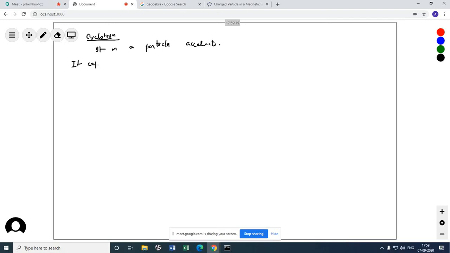It can accelerate charged particles like alpha particles, protons, and some others like that, but not electrons. Got it? Alpha particles, protons, a positive charge, other subatomic particles, but not electrons.